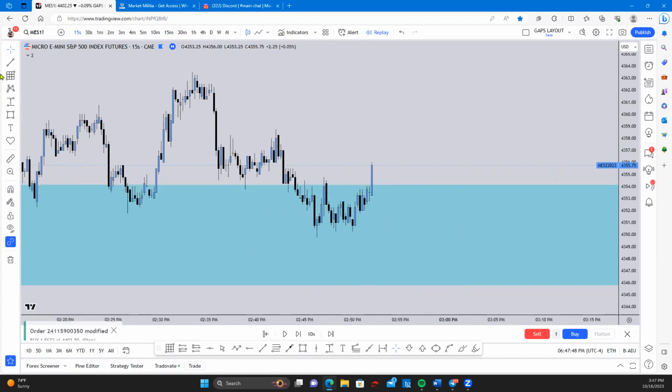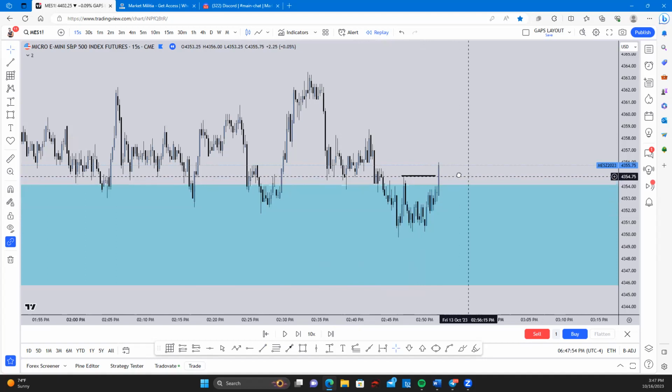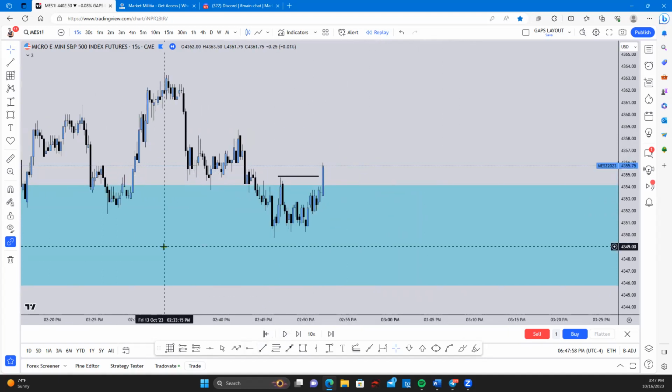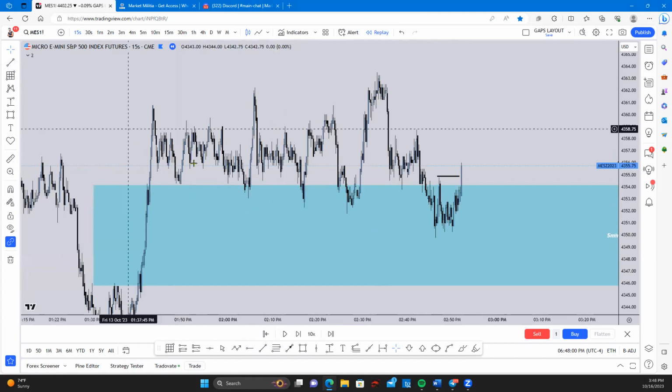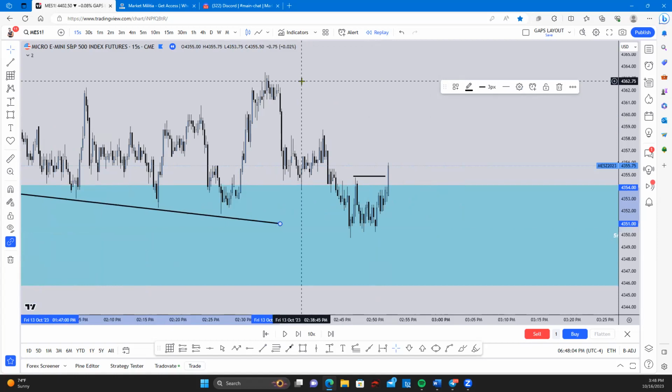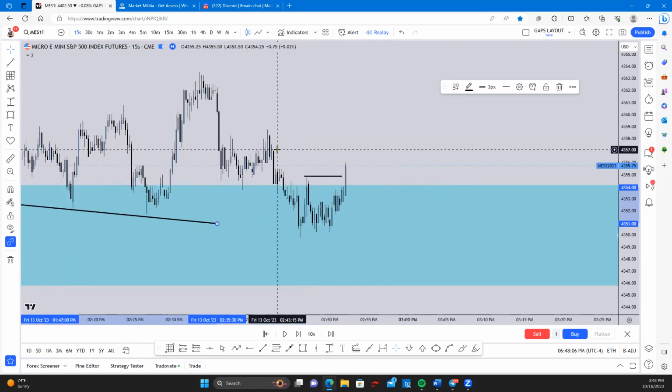You can see here we had market structure shift. We're inside of the 5-minute. We just took out all of this liquidity in here, and we have some relatively equal highs up here.